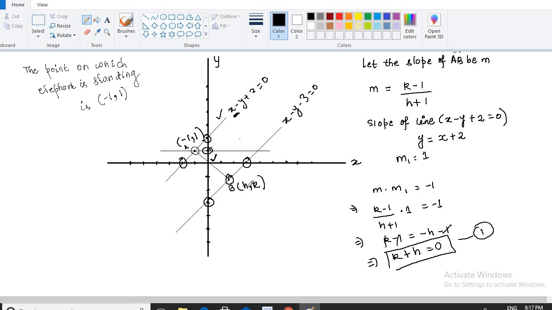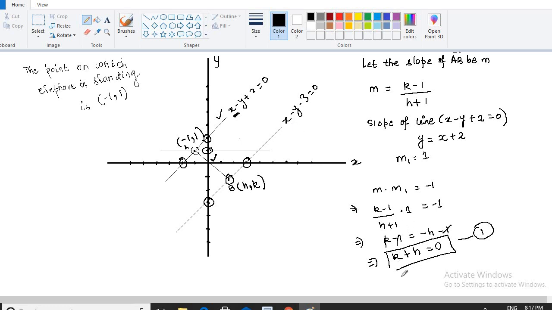Now, one thing you will observe is, on which line does (h, k) lie? This lies on the second line, that is x minus y minus 3. So (h, k) must satisfy this line. If I put down this value, I am going to get 0.